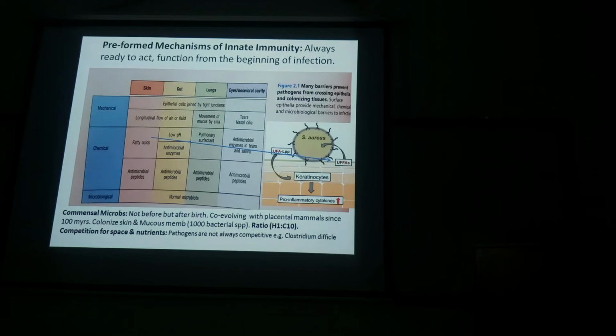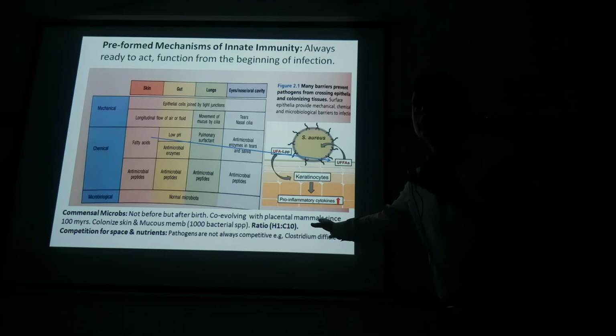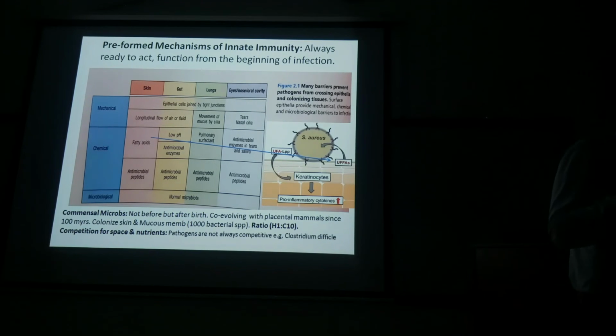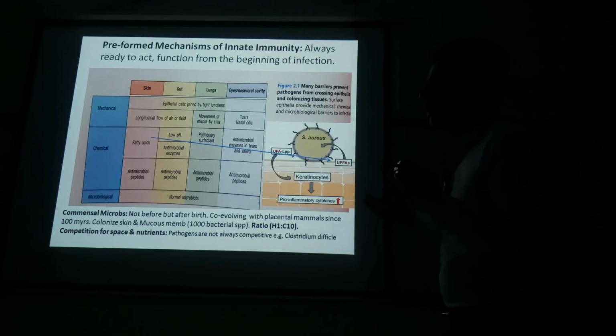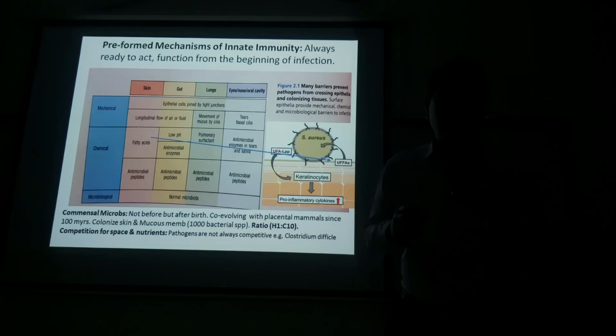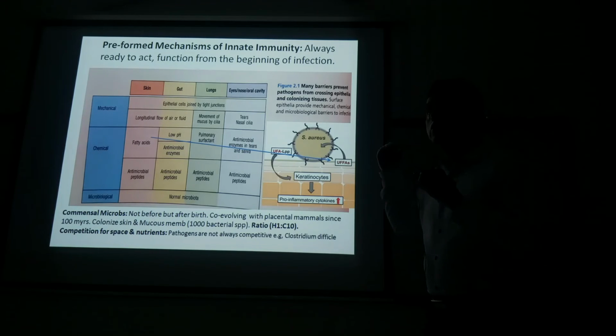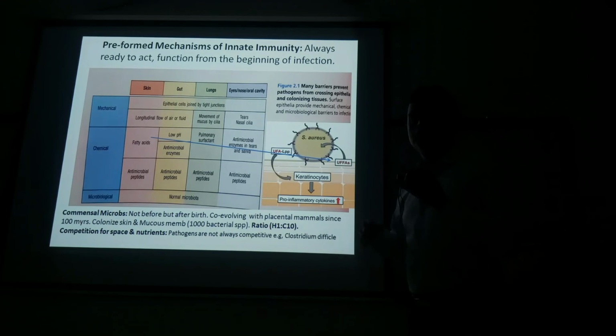The pathogens are not always competitive. For instance, you can take the example of Clostridium. Somebody who has taken lots of antibiotics without any reason. Some people would do that. Some people take antibiotics even when they do not have any infections.